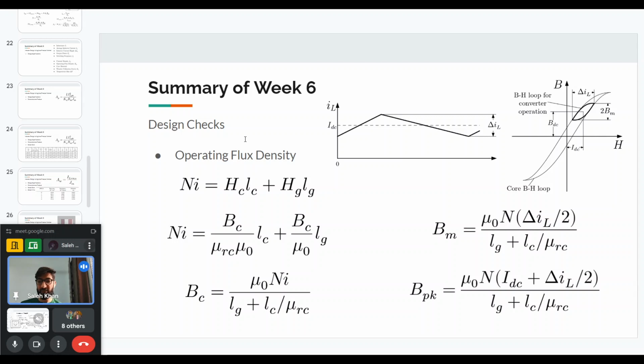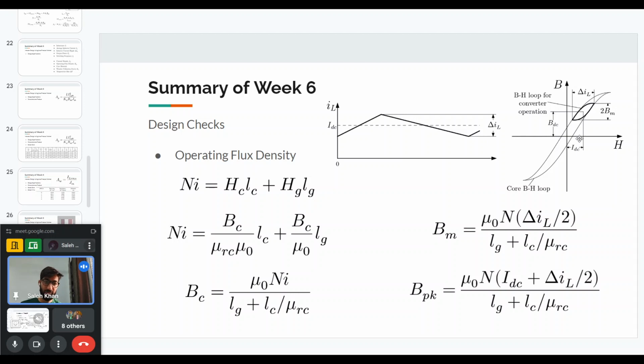The first design check is to see what the operating flux density and the peak flux density are. The peak should be less than the saturation flux density, and the operating flux density should be what is required. For example, in a buck converter, you can have a current like this. If the core has a particular BH curve, with this kind of current you will not follow the entire BH curve.